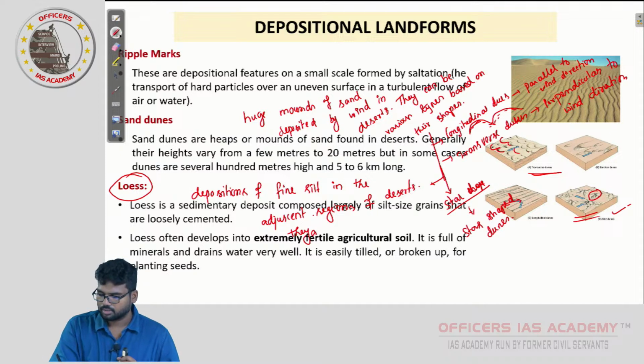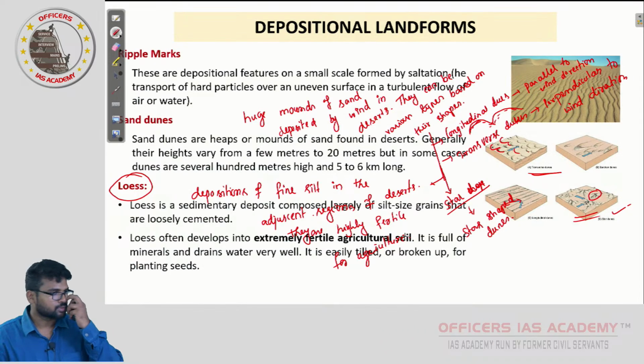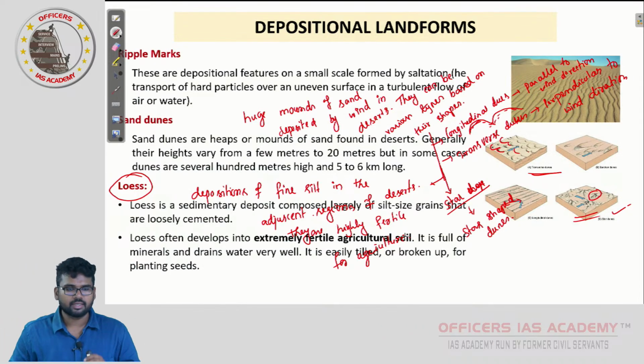They are highly fertile for agriculture. Only the limitation is water. If the water is available, they can be cultivated very intensively. Okay, highly fertile for agriculture. So these are all different depositional landforms.